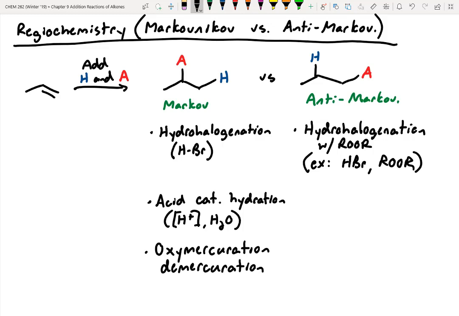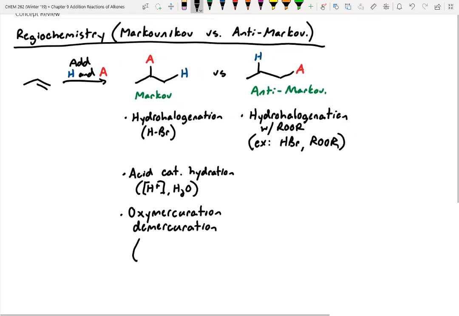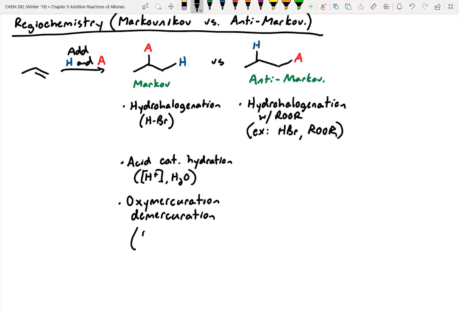Does anybody remember the reagents that were necessary for oxymercuration? So the first step was Hg(OAc)2, along with water. And then step 2, we need to get rid of the mercury, and we use sodium borohydride.